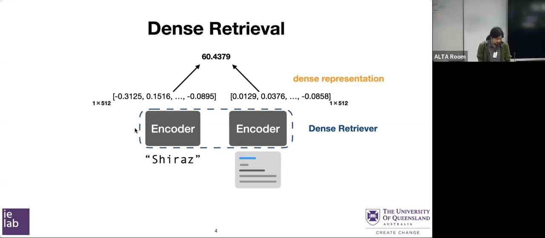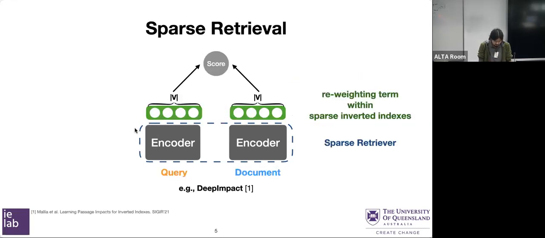It will be encoded by the dense retriever into, for example, 512-dimension vectors, and you just compute the similarity between those two vectors. And different from dense retrieval, sparse retrieval is another neural information retrieval paradigm.